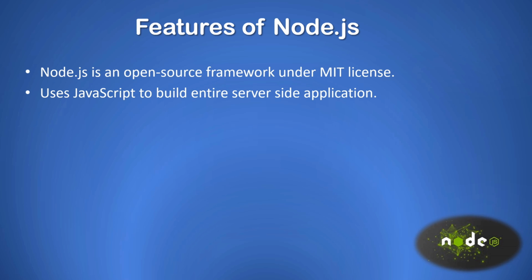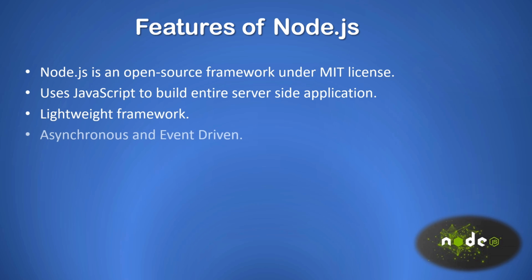The next one is that, as I told you earlier, it is a lightweight framework, which includes bare minimum modules. Other modules can be added based on the needs of the application. And as I told you, the architecture is asynchronous and event driven.